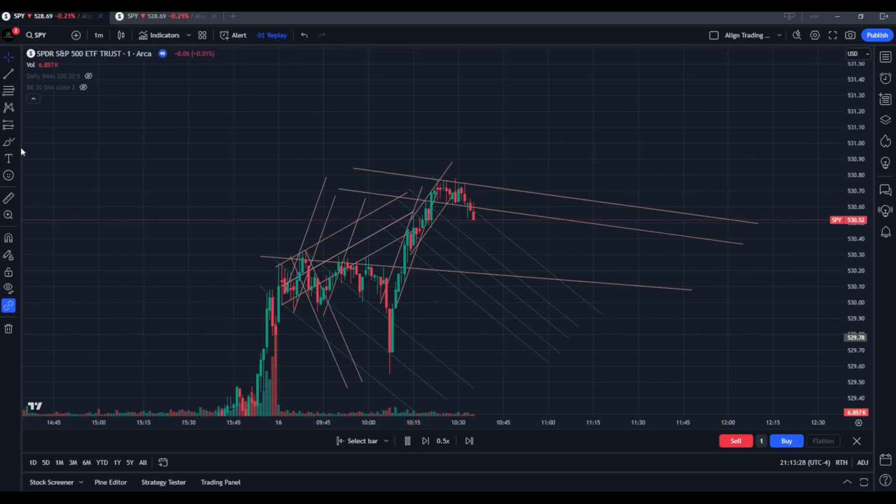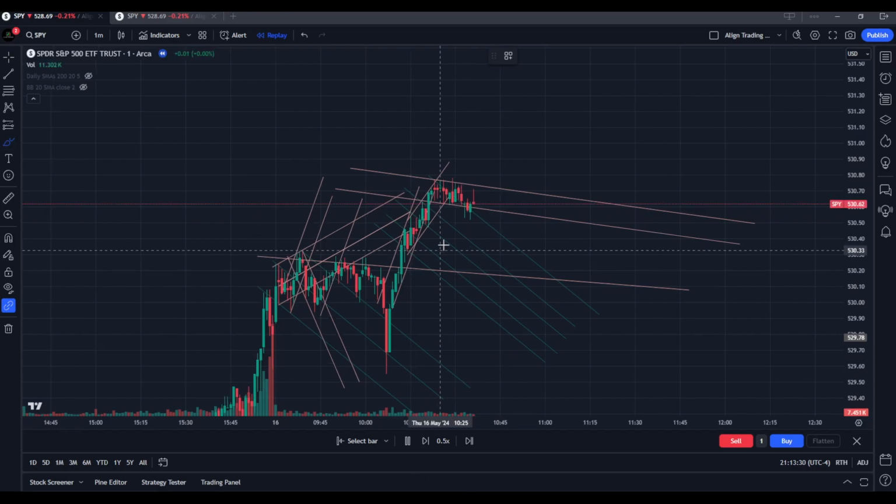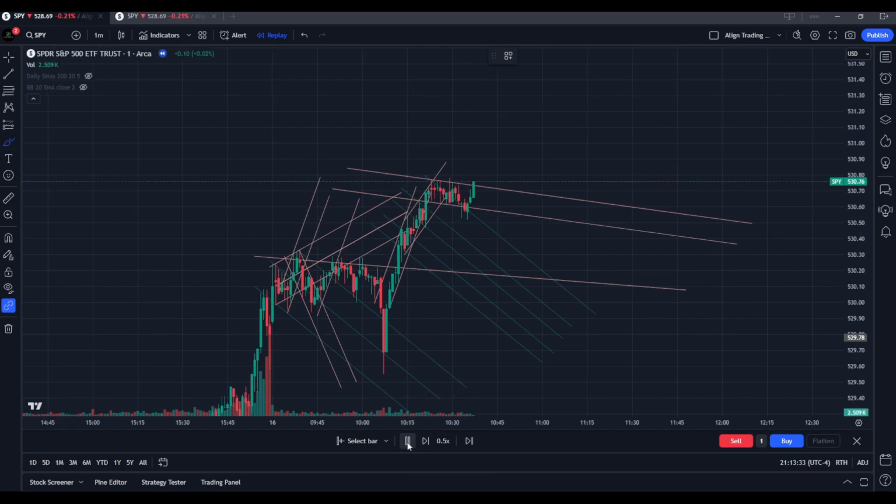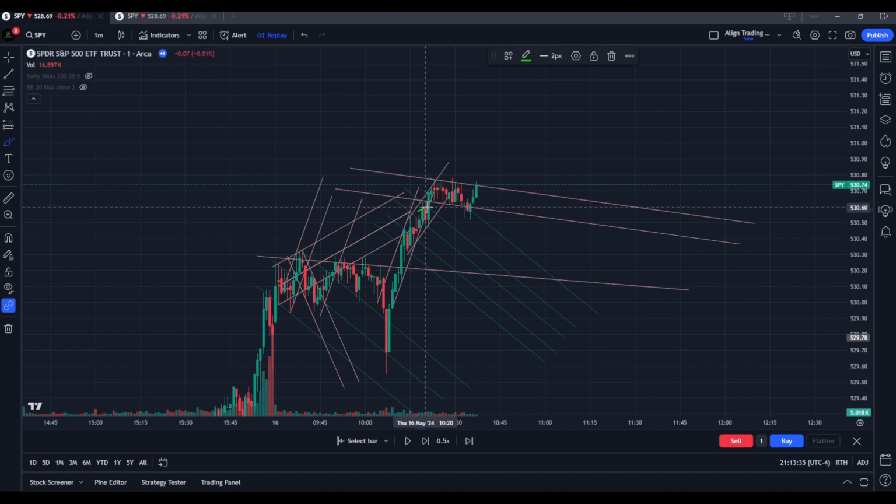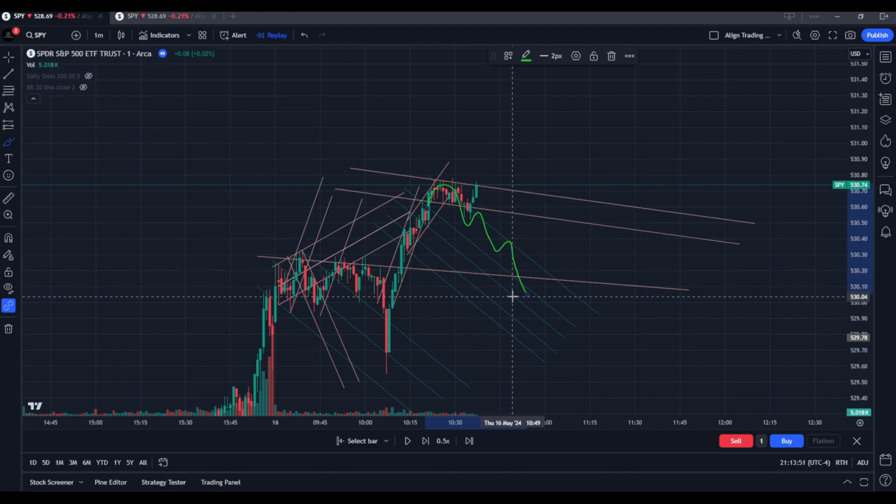I am being mindful that my risk is if we start breaking below this shoulder right here, right? So if this is not this controlled selling that we see with this blue and then this pink, and we do start breaking down with this inverse cup and it starts forming that shoulder, then I will know that that is my risk below this right here, or even right there if you wanted.